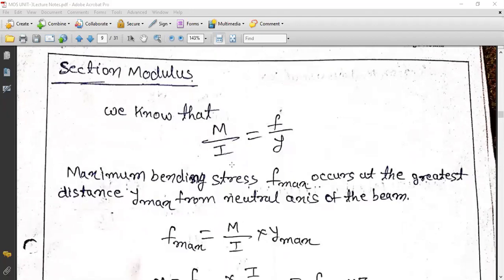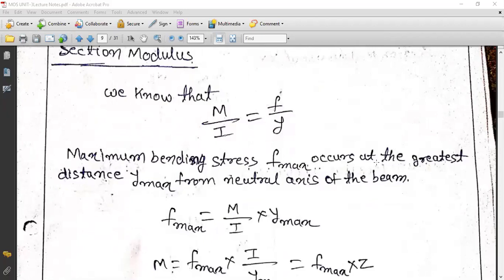So the maximum bending stress, sigma maximum, occurs. You can see here, which one is a constant value? M, the moment, is a constant. I, the moment of inertia, is constant because the cross section of the beam is fixed. It means if the cross section of the beam is circular, rectangular, triangular, I section or T section, it will be a fixed section.